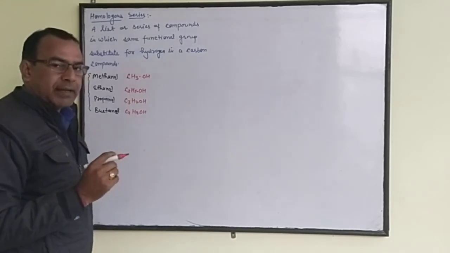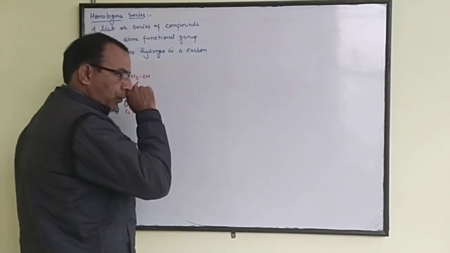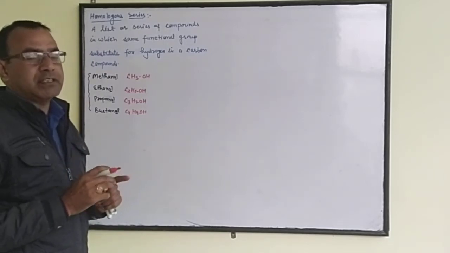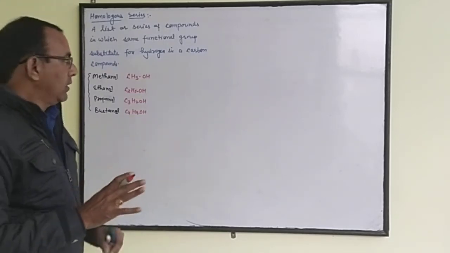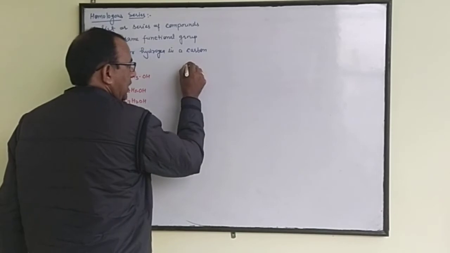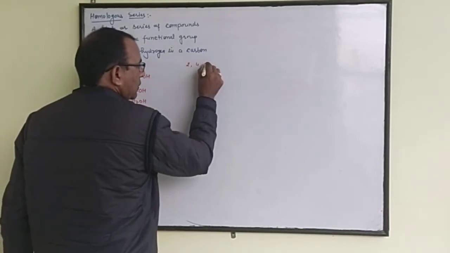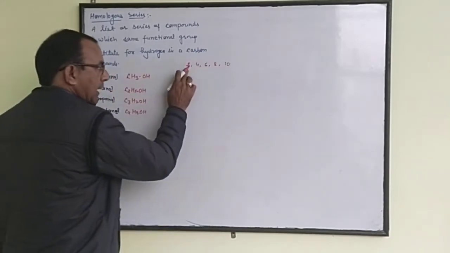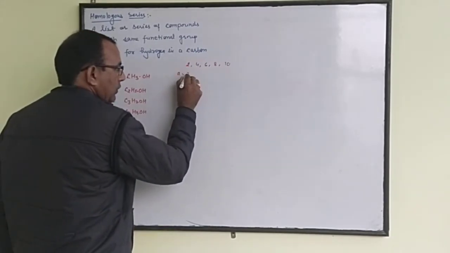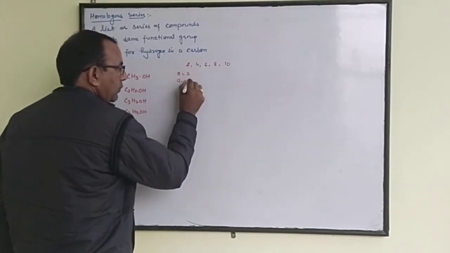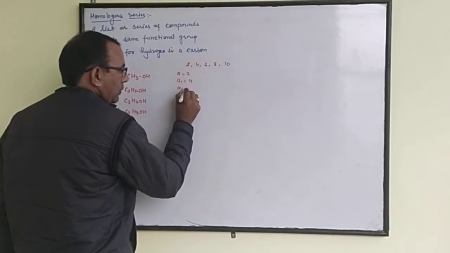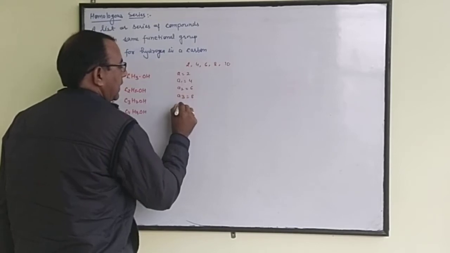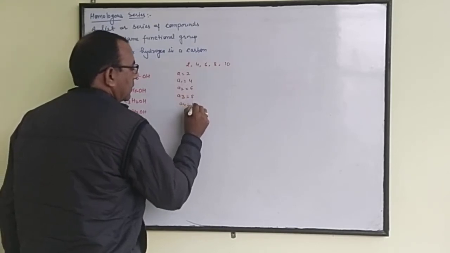Just like in mathematics, AP: which statement is an AP? The statement that has the same common difference, such as 2, 4, 6, 8, 10. Here A1 is 2, A2 is 4, A3 is 6, A4 is 8, A5 is 10.